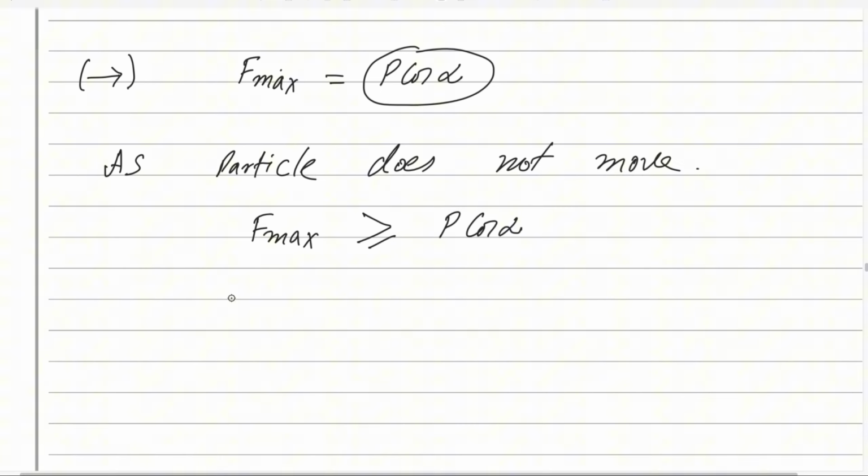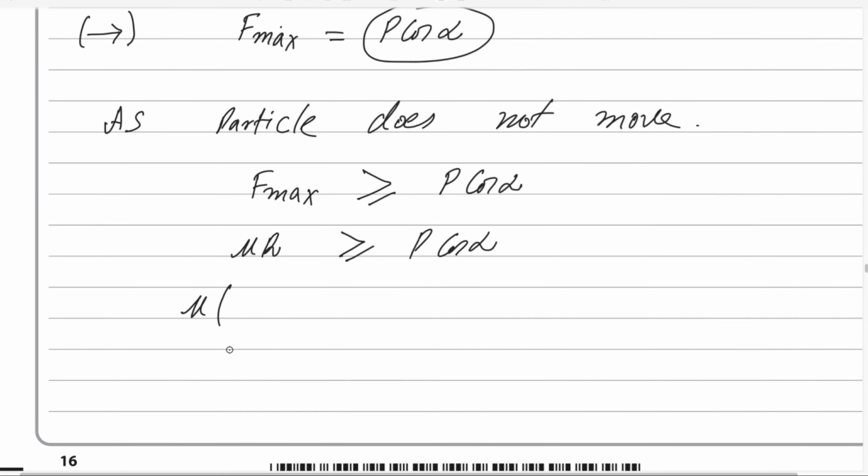We know that F equals mu R is greater than or equal to P cosine alpha, and here you can plug in the values. Mu R we already got, that is W plus P sine alpha. We can use here W plus P sine alpha, greater than or equal to P cosine alpha.